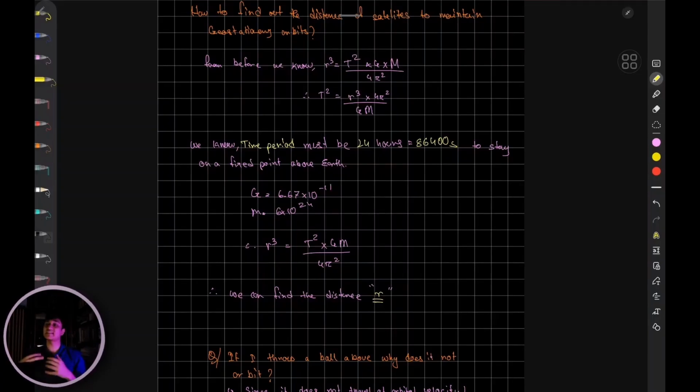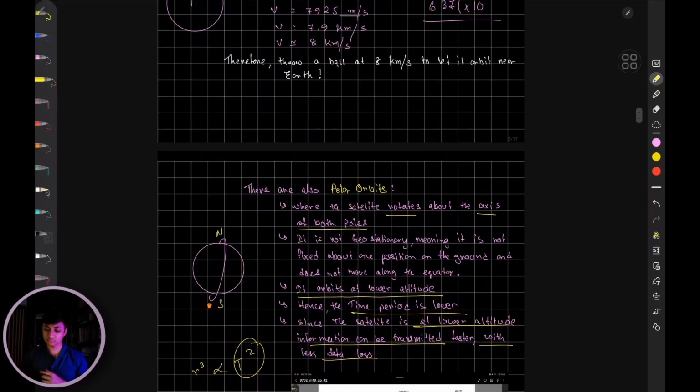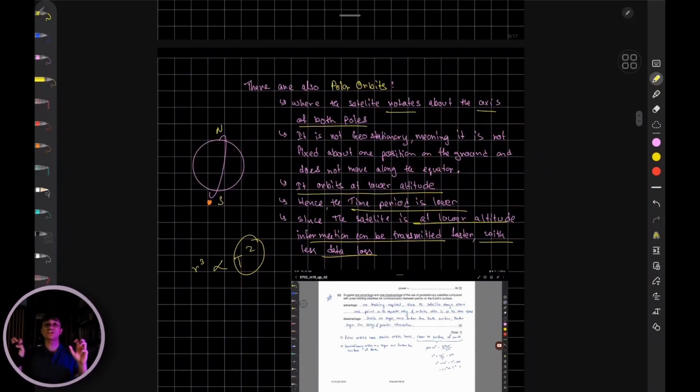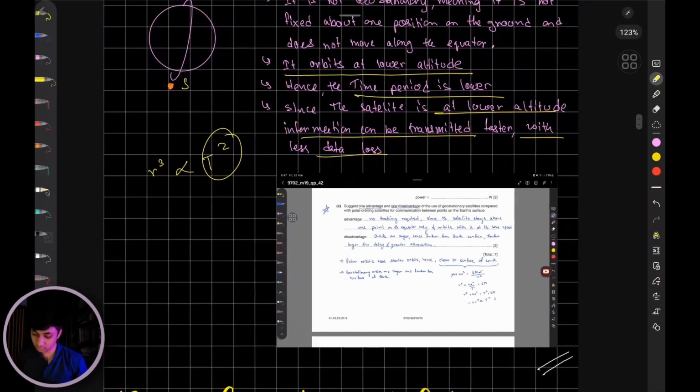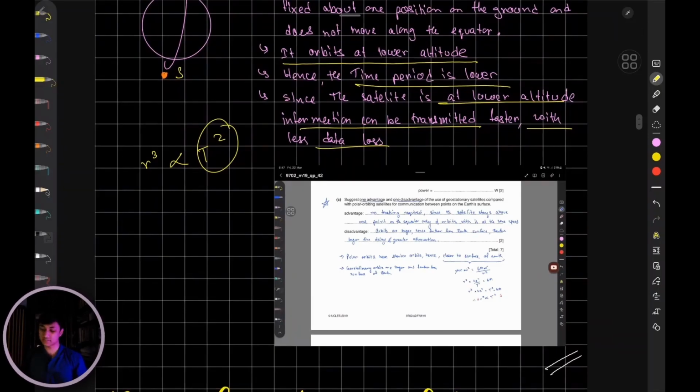Although, yes, it's directly above your fixed point, you do not need to find out where it is, but that amount of time needed to transmit the information might cause a lot of data loss, which is why it is also beneficial to have polar orbits where the orbit is actually lower, where the information can travel faster. Even though you need to track where the satellite is, you can transmit the information a bit faster, and there is less likelihood of data loss. Okay.